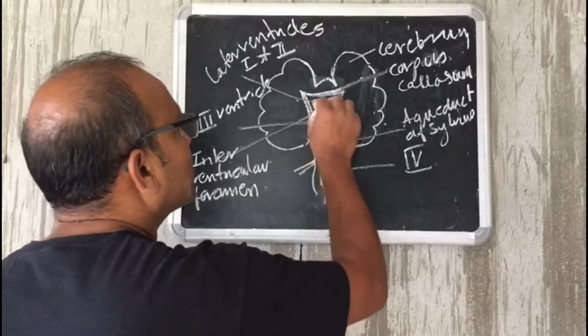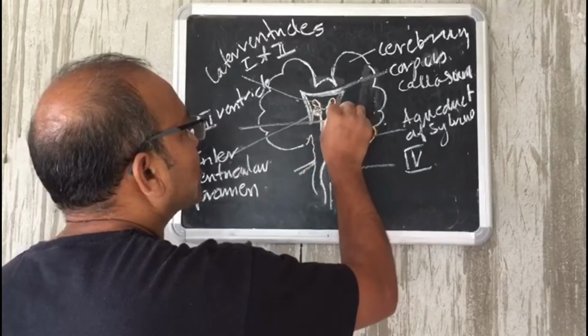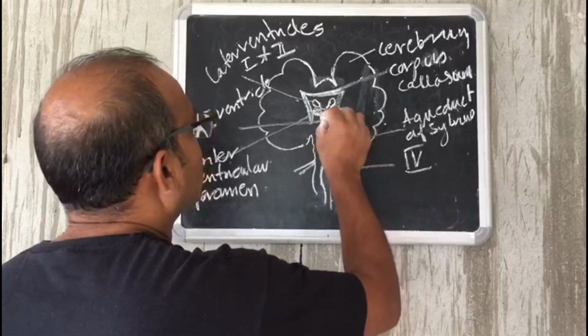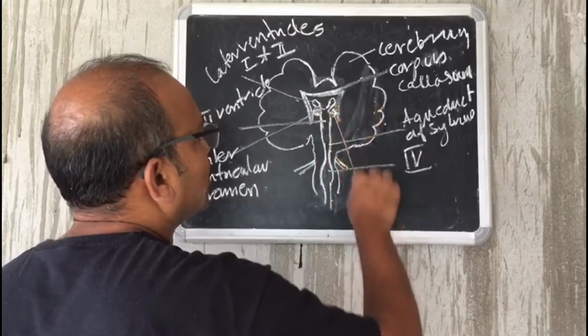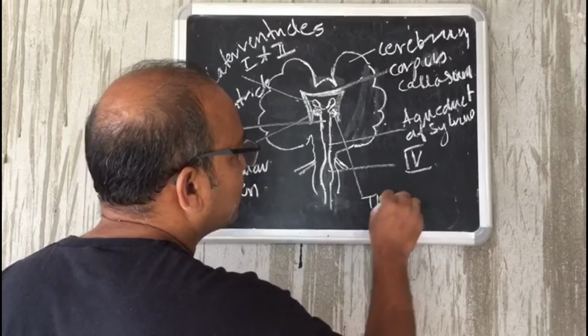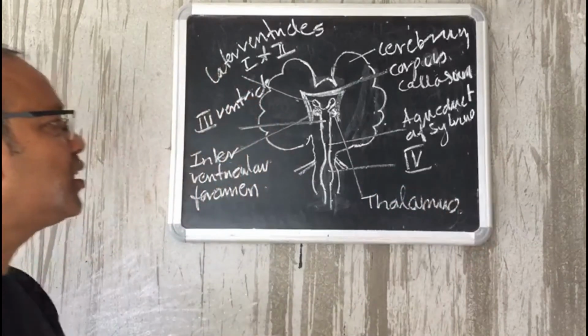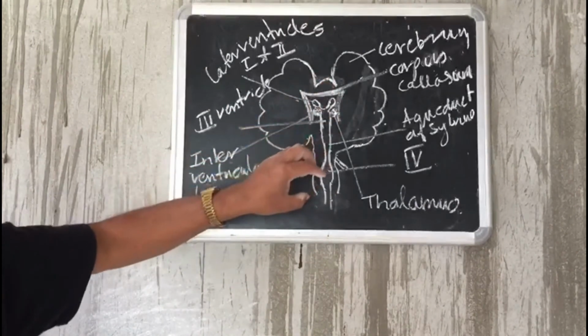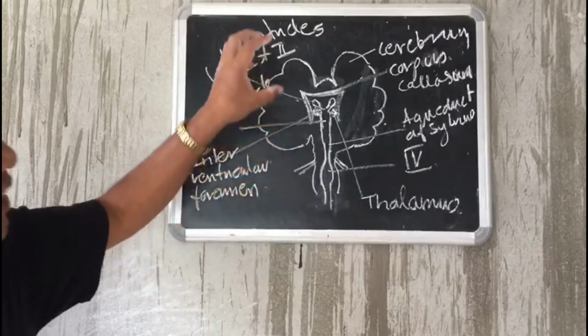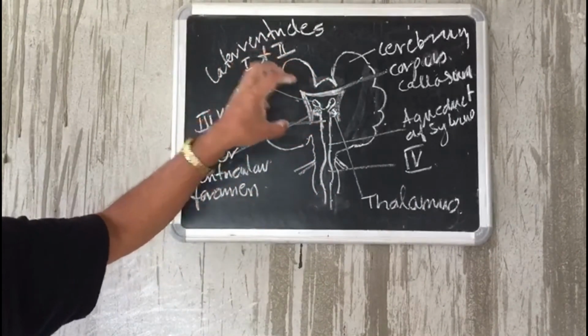Just adjacent to the first and the second ventricle, there is one of the most important glands of our body called the thalamus.